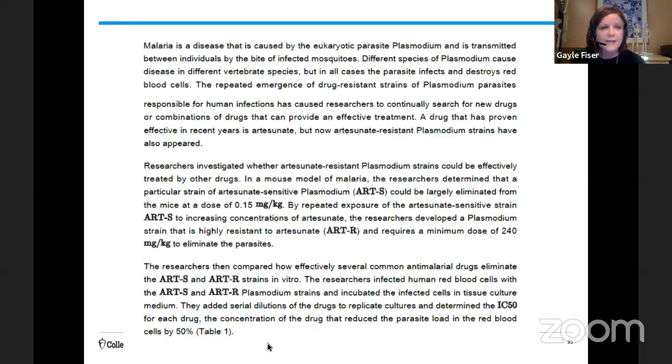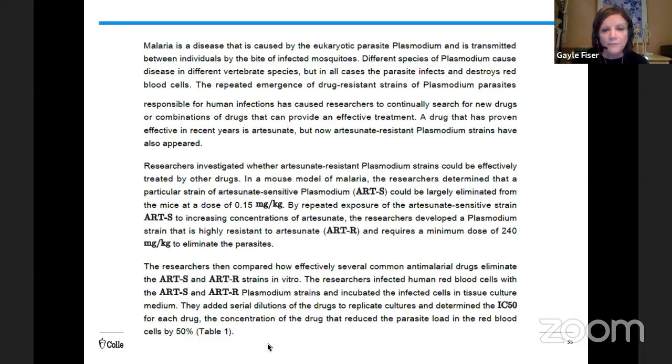A drug that has now proven effective in recent years is artesunate, but now artesunate-resistant Plasmodium strains have also appeared. Researchers investigated whether artesunate-resistant Plasmodium strains could be effectively treated by other drugs. All right, so they're looking for something, because something's not working anymore, and they're looking for something else.